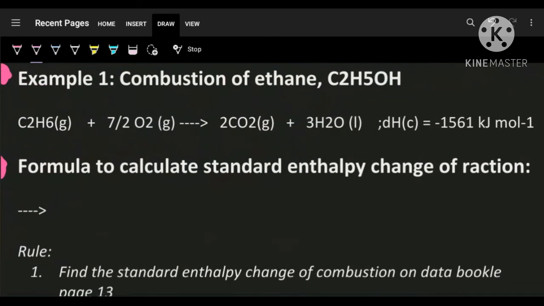This is another example of a chemical equation that involves combustion: the combustion of ethane. Ethane reacts with oxygen gas and produces 2 molecules of carbon dioxide and 3 molecules of water. The standard enthalpy change of combustion is negative 561 kilojoule per mole. Make sure it has the negative sign and the unit because this is exothermic.